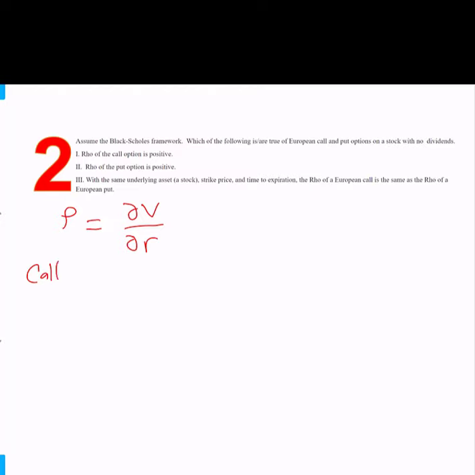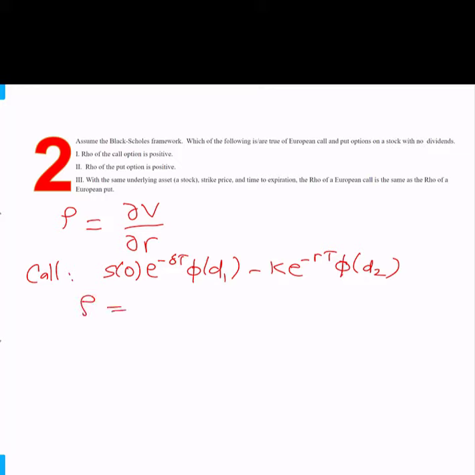So for European call and put options, remember for the call, the price of it is S0 e to the minus delta t phi d1 minus K e to the minus rt phi d2.